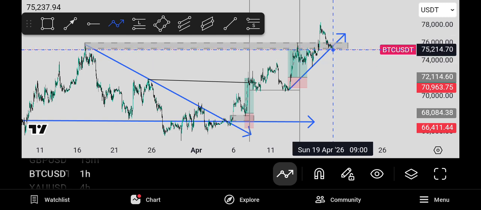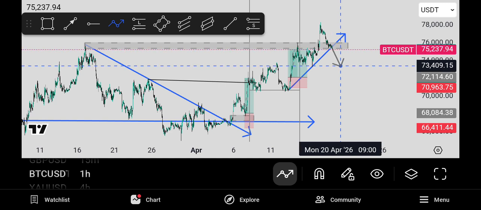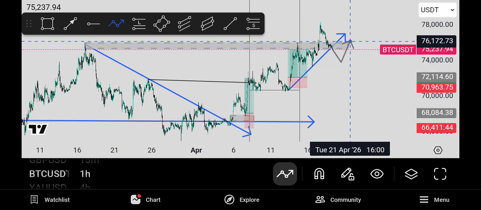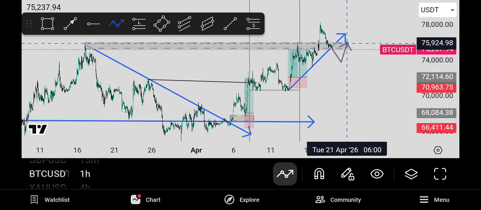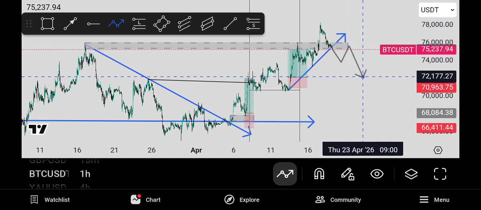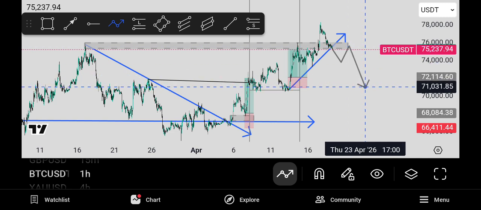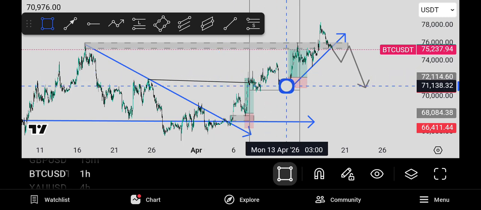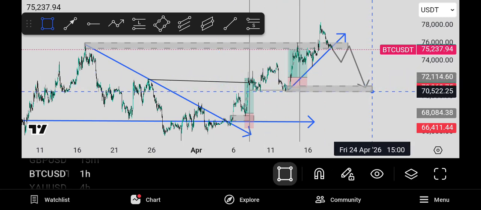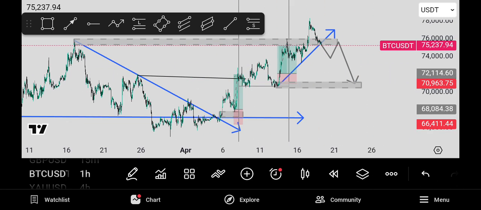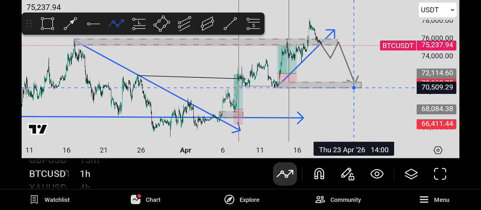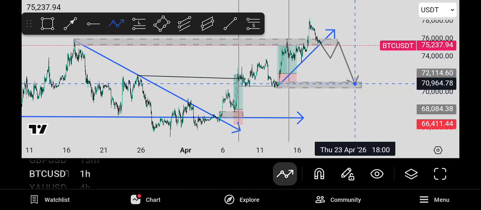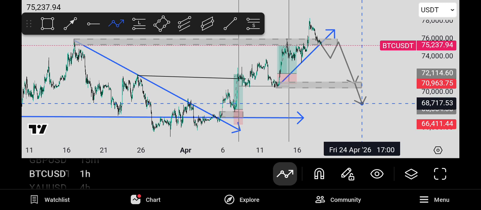So what we have to do here is wait for the retest. When price retests this environment like this, then we look for a sell, set to this area. We mark it like this. Maybe if price breaks this environment, it will not retrace.